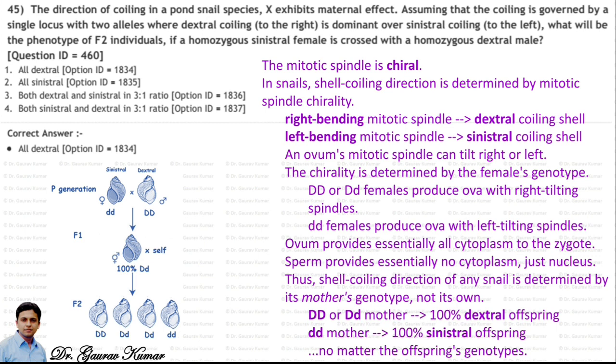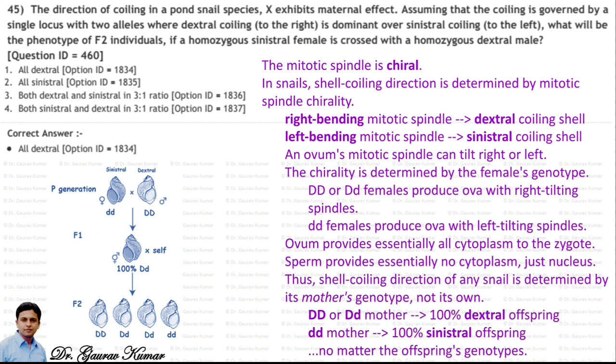So the ovum provides essentially all cytoplasm to the zygote. We already know that all the cytoplasm in the zygote is from the maternal side, that is, from the ovum. So sperm provides essentially no cytoplasm, just the nucleus. So the shell coiling direction of any snail is determined by its mother's genotype and not its own.